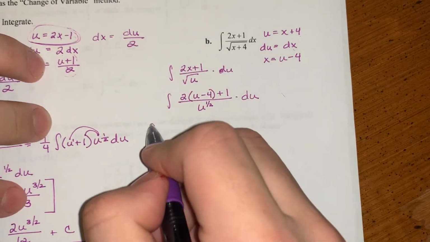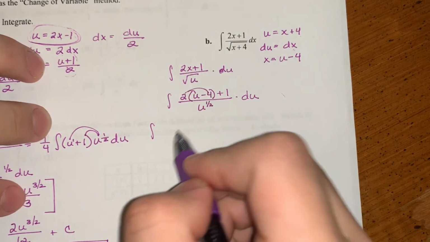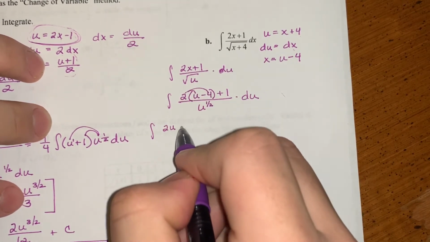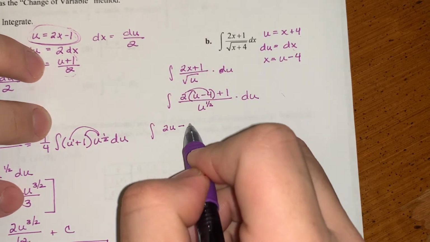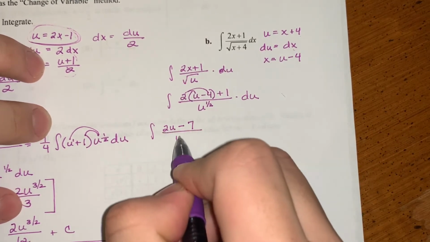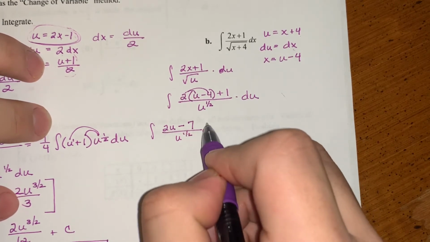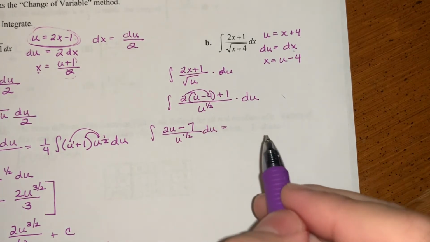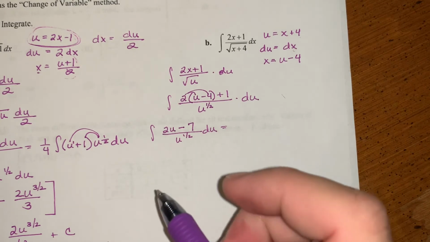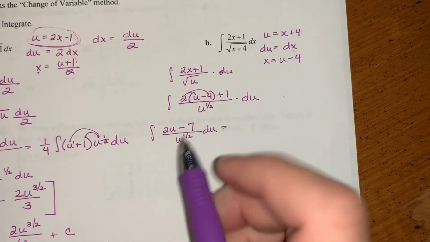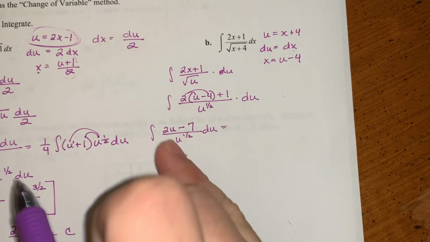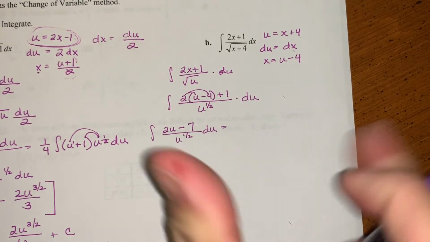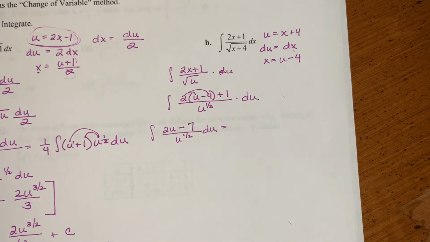And let's make this easier to work with. I'll do every little step just to make sure that no one gets lost here. So this becomes 2u minus, this will be minus 8, but minus 8 plus 1 is minus 7, all over u to the 1/2 du. And again, hopefully, if I have multiple terms on the top and only one term on the bottom, that's the sign that you just break up your fraction and divide each term on the top by the one on the bottom.